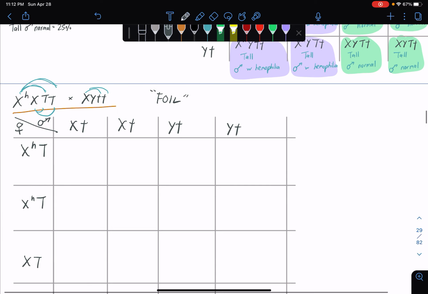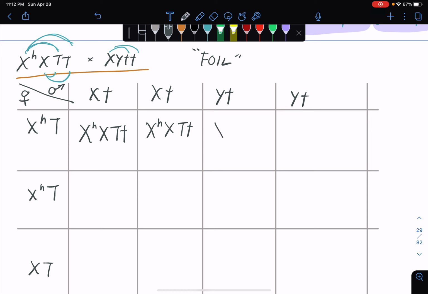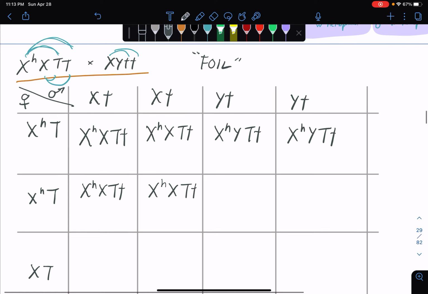Okay, let's start filling out the boxes. X^H X^T t, X^H Y T t, X^H X^T t, X^H Y T t, and so on.